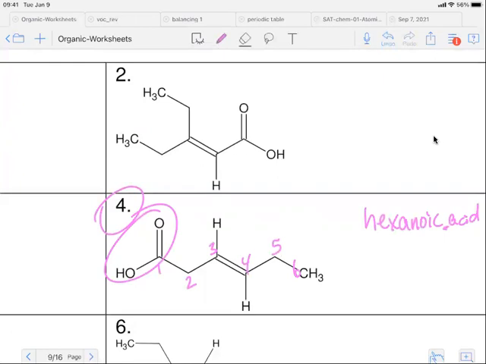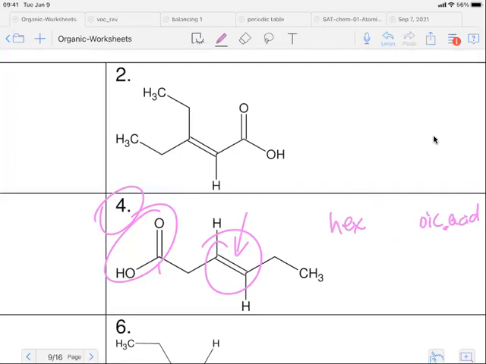And they have made it a point to put hydrogens in this compound because, oops, I missed something. The double bond there. Let me move that. Okay, so it's hex and it's oic acid, but now I have to account for the double bond here.